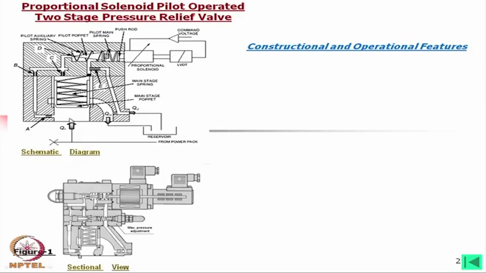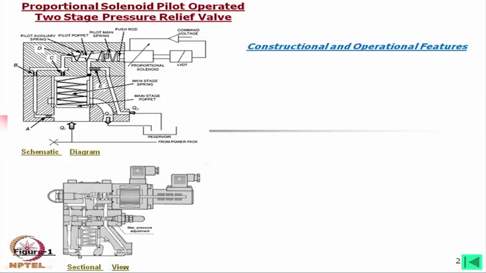If we look into this view, then we should compare the main portion, the main stage, which is the bottom portion here, whereas the pilot stage is the top portion here. Now, in between there is another portion which is the maximum pressure adjustment setting.